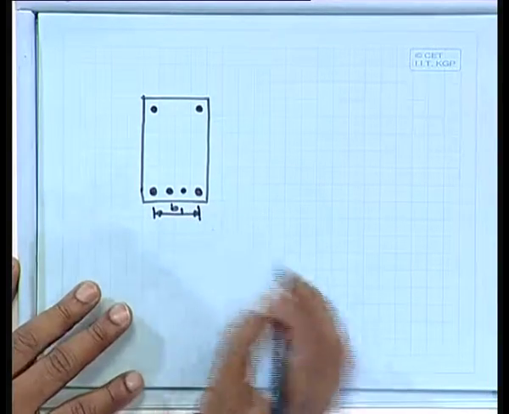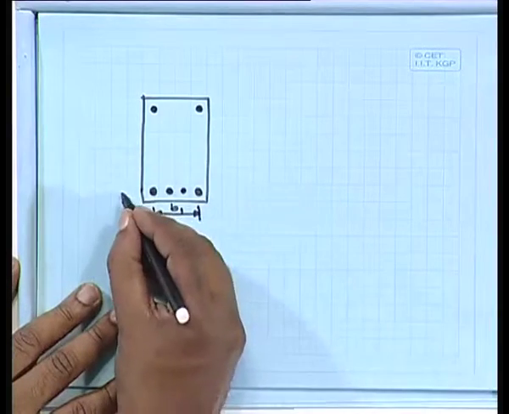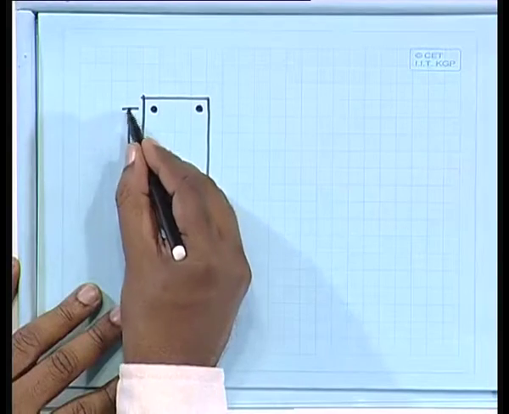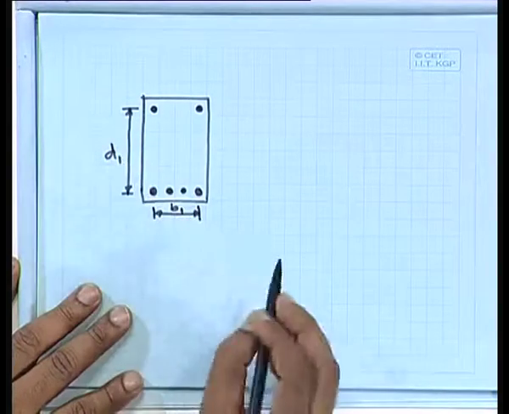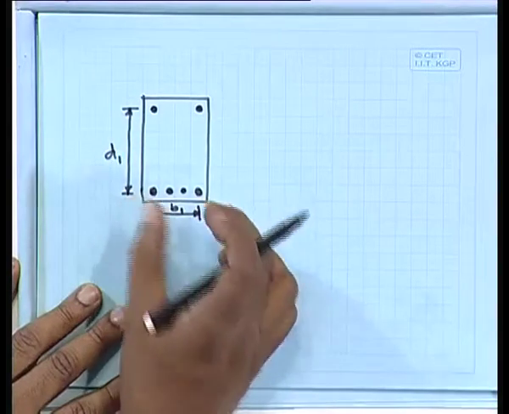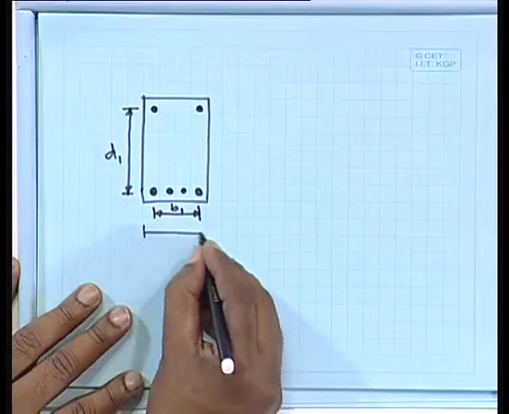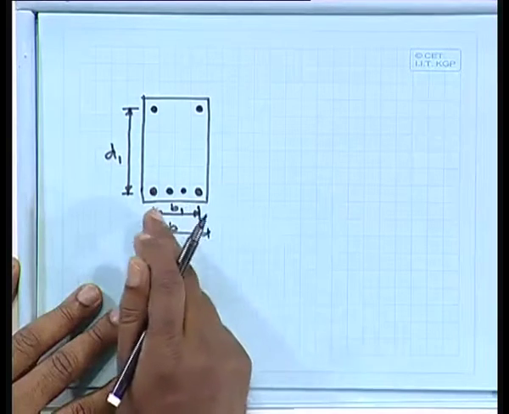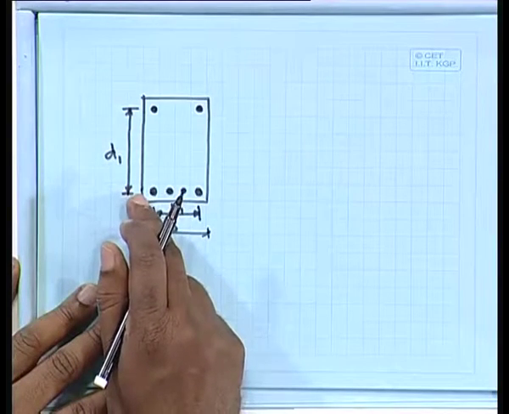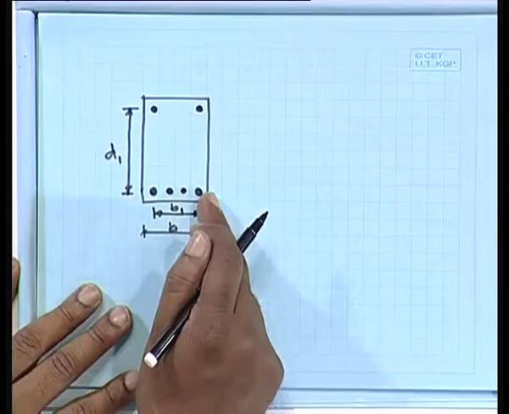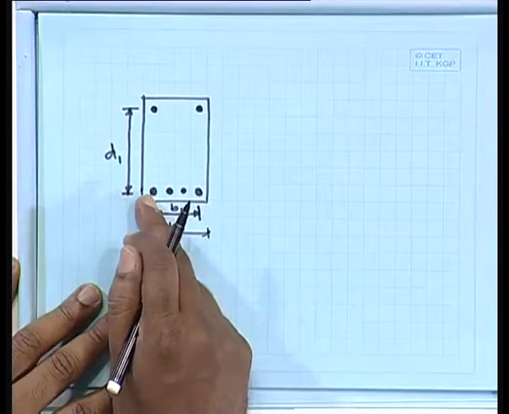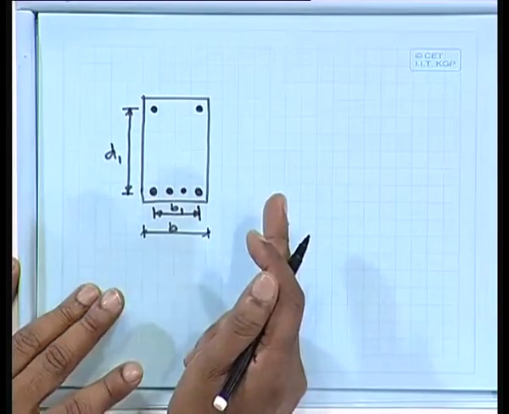What about d1 along the depth direction? b1 will be equal to b, if this is your b, minus the clear cover this side 25 millimeter, clear cover this side 25 millimeter, minus half of the diameter here, half of the diameter, so that means one diameter.